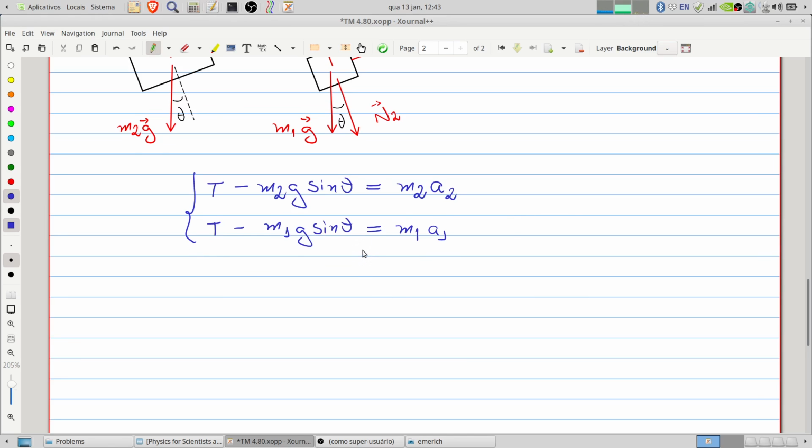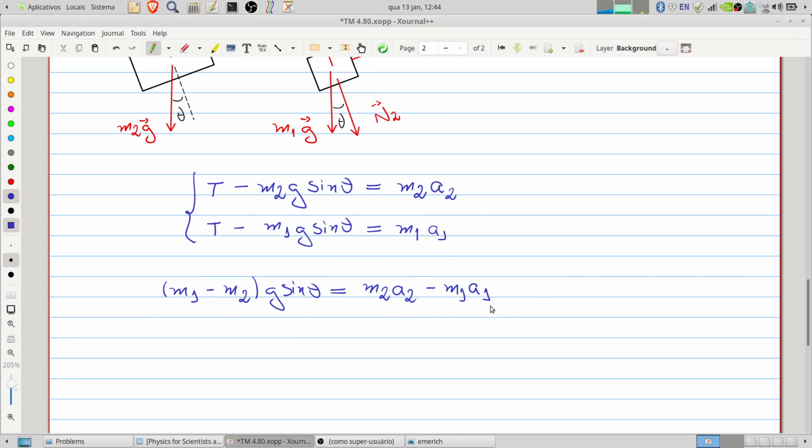So subtracting one equation from the other, we can write that (m1 minus m2) g sine of theta equals m2 a2 minus m1 a1. So what I did was to multiply the second equation by minus 1 and sum with the first equation.